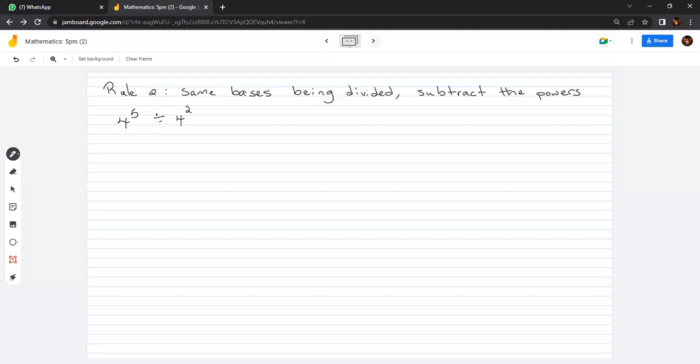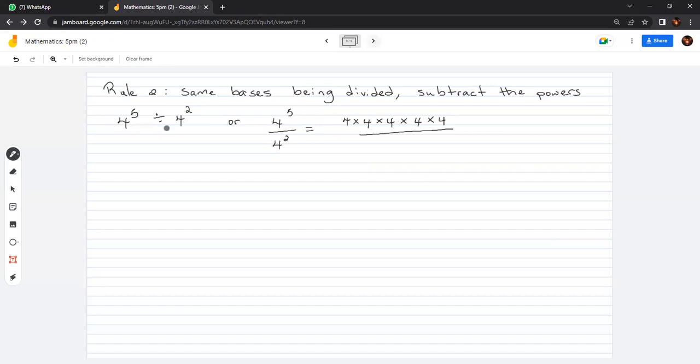Now, that division is the same as me putting it like this, okay? If you have it like this or like this, it's the same thing. You have to understand that either way you see it, they are both divided. Now, 4 to the power of 5 is actually 4 by 4 by 4 by 4 by 4, so multiplying it by itself 5 times.